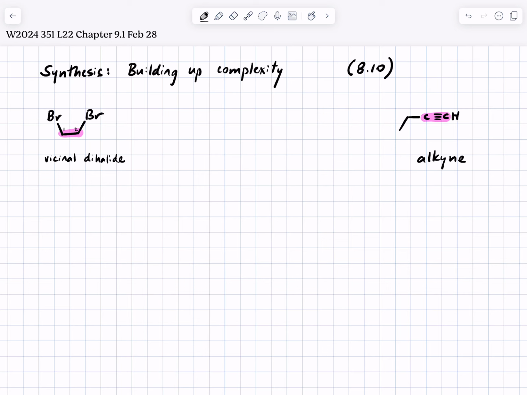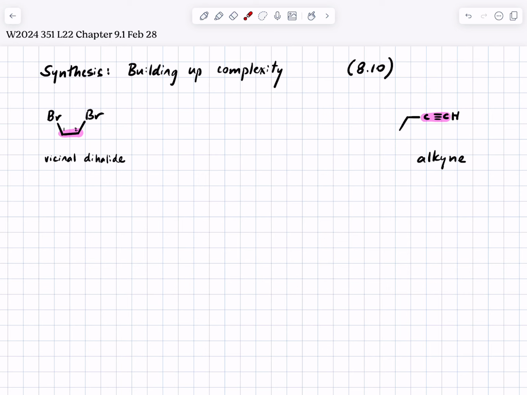In synthesis problems, depending on their source, if you get them from the text, sometimes they will just tell you, this must be your starting material, this must be your product, use whatever it takes to get from A to B. Other times they'll put constraints on you and say, you have to get from A to B using only whatever reagents. We're going to be sort of open-ended here, and we're going to say you've got to get from A to B using whatever reagents you want and are necessary.